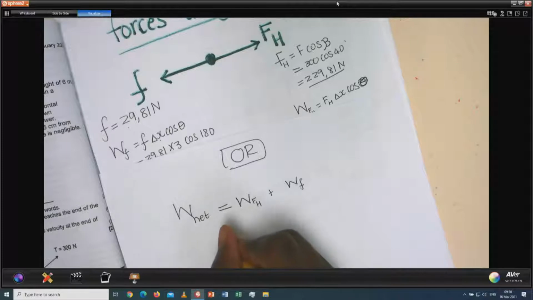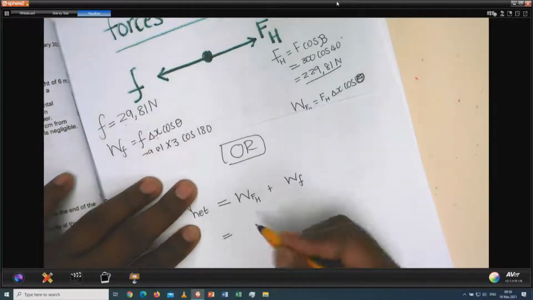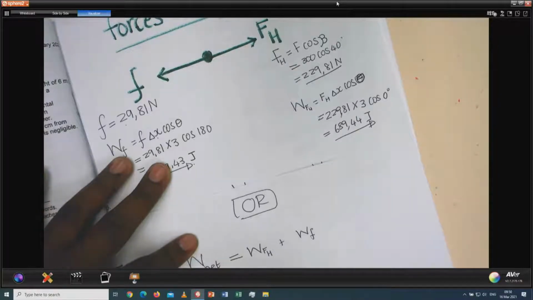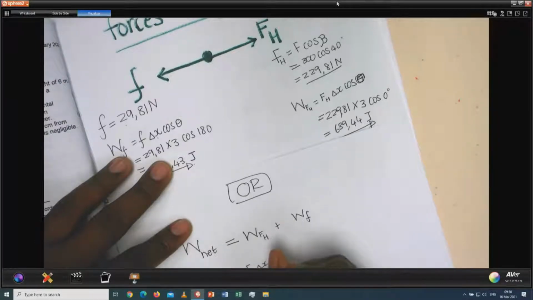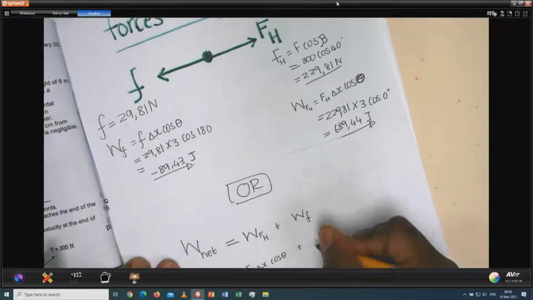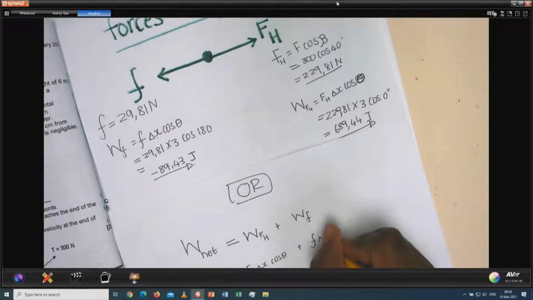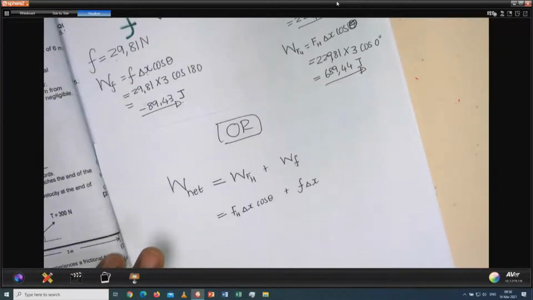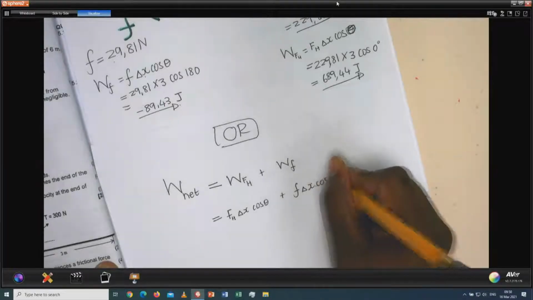You can break down this formula and say the work done by the horizontal component is the horizontal component itself, delta x cos theta, plus the work done by the frictional force is the frictional force, delta x cos theta.